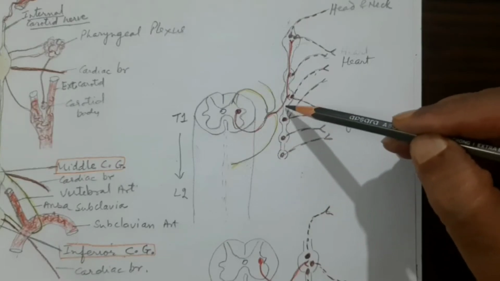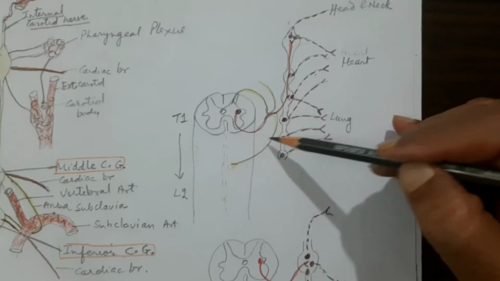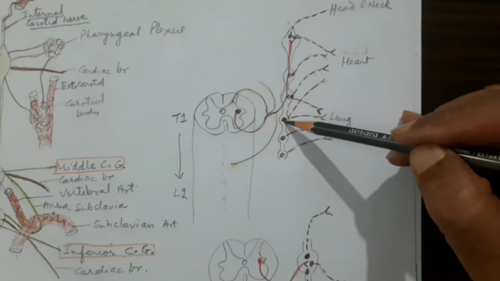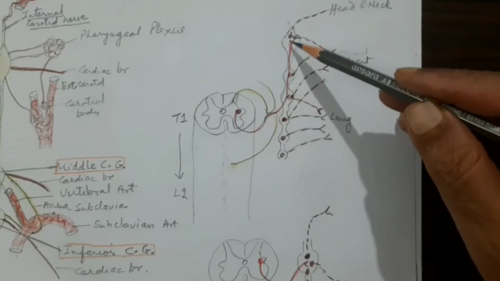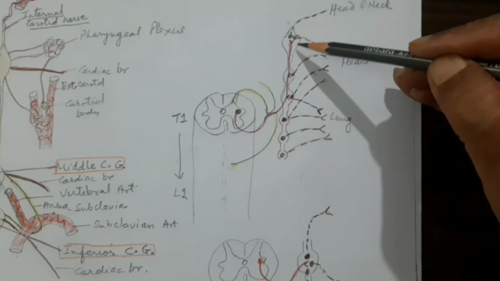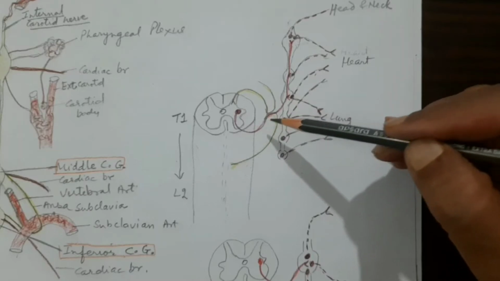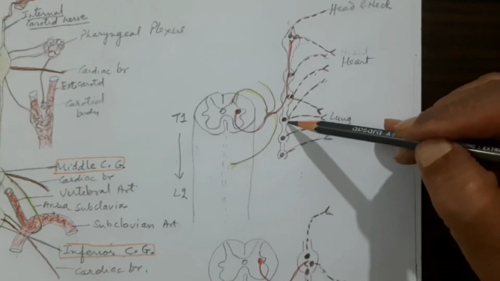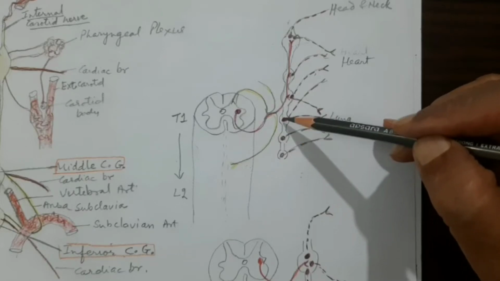The preganglionic fibers will relay at each vertebral level. In the neck, they will ascend right up to the superior cervical ganglion, but in the thoracic region, almost at each level, they will relay in the postganglionic neuron.